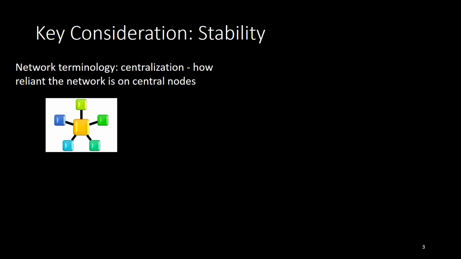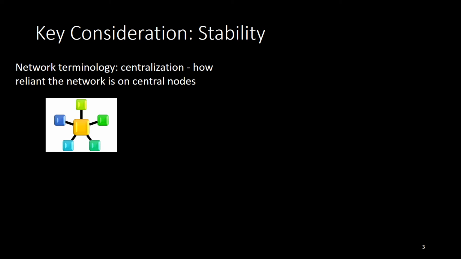Another S&A measure valuable and linked to stability is centralization. Centralization is how reliant the network is on central nodes. The visual below, the star or hub and spoke image, represents 100% centralization. Other than the central yellow square, for any other square to access another, they would have to go through the yellow square.